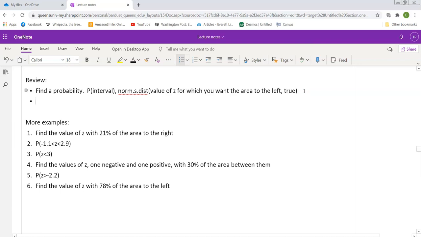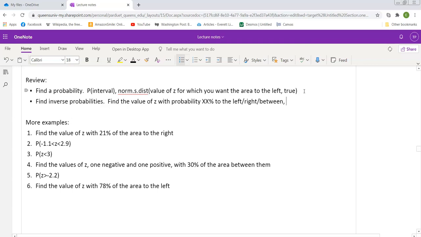The other ones are what we called inverse probabilities. Those are ones where they say find the value of Z with whatever percent to the left, right, or between.